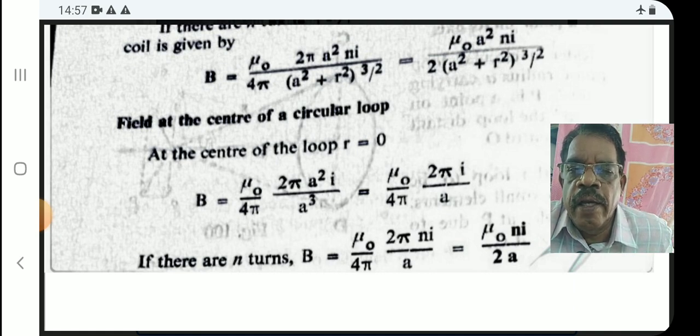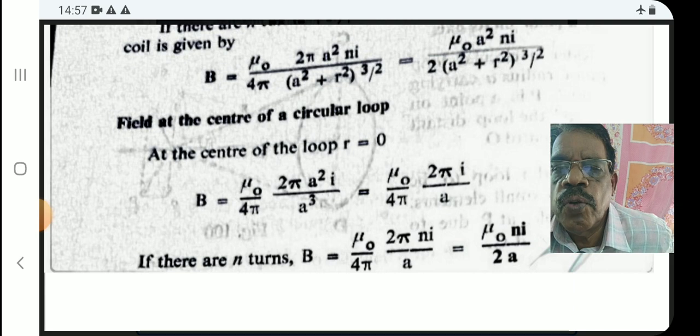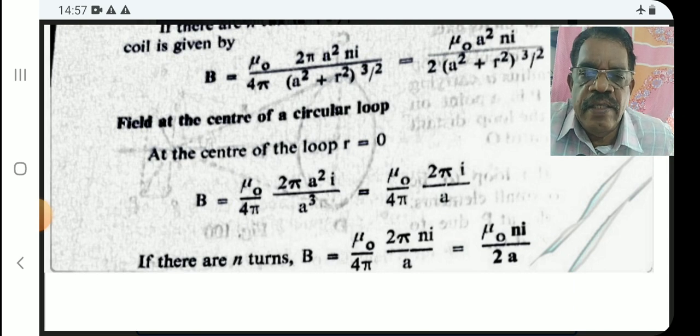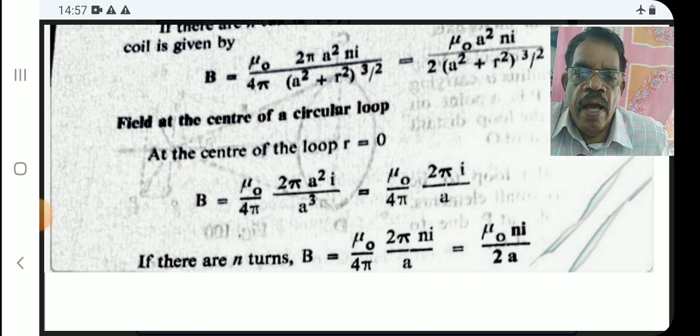We get mu 0 by 4 pi 2 pi N I by a. 2 pi will cancel, we get mu 0 by 4 pi 2 N I by a. 2 will cancel, we get mu 0 N I by 2a. That is the field at the center of a circular coil carrying current.